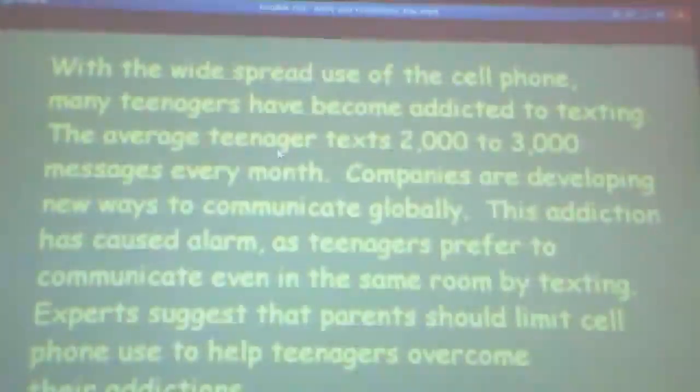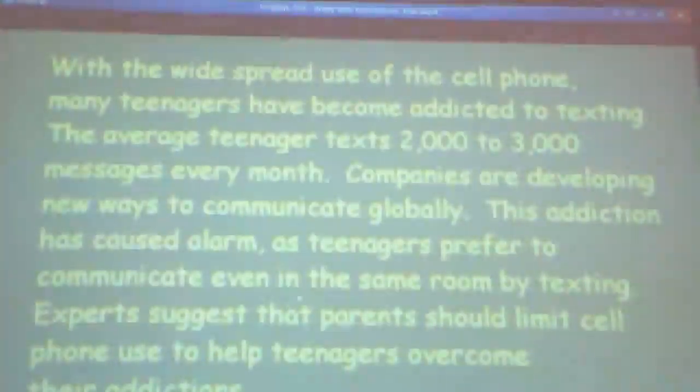Now the average teenager texts 2,000 to 3,000 messages every month. This is the first sentence. The second sentence: companies are developing new ways to communicate globally. This addiction has caused alarm as teenagers prefer to communicate even in the same room by texting.